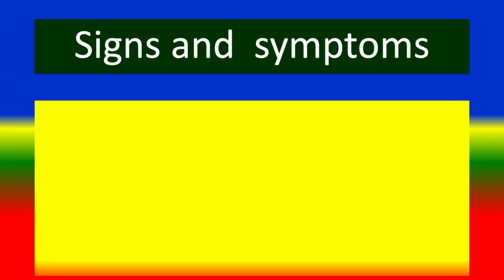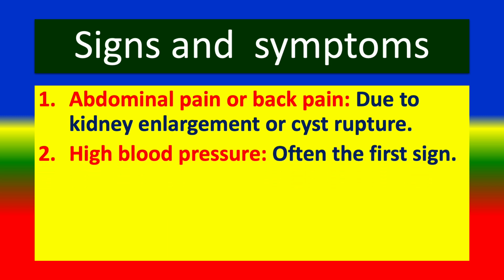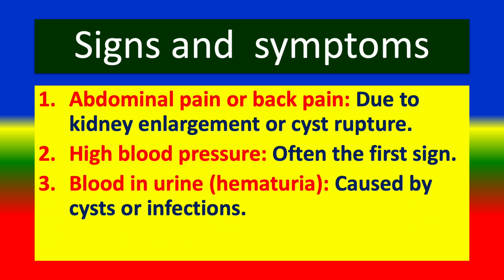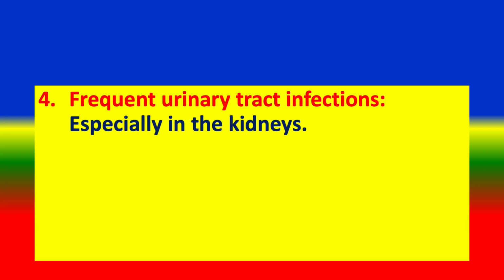Signs and symptoms. 1. Abdominal pain or back pain due to kidney enlargement or cyst rupture. 2. High blood pressure, often the first sign. 3. Blood in urine caused by cyst infections. 4.